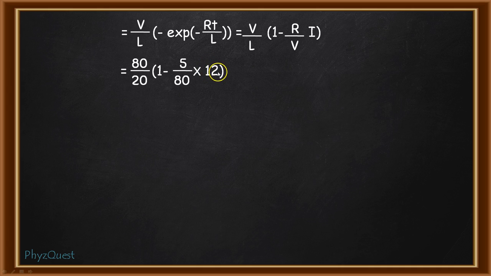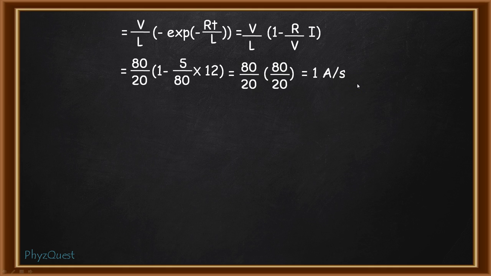So I value will be equal to 12. So 12 into 5 is 60 by 80. So 1 minus 60 by 80 will be 20 by 80. So 80 by 20 into 20 by 80 will be equal to 1 ampere per second. So this is the answer of this question, 1 ampere per second.